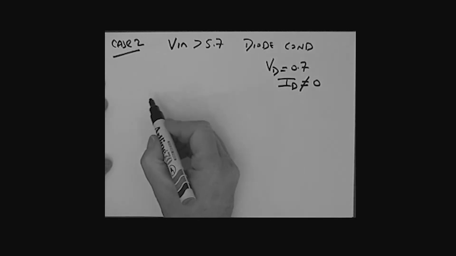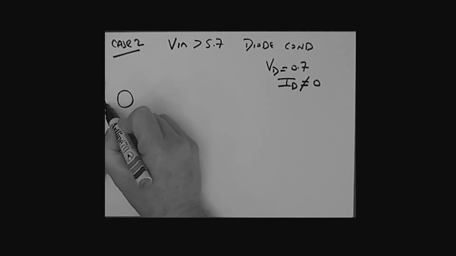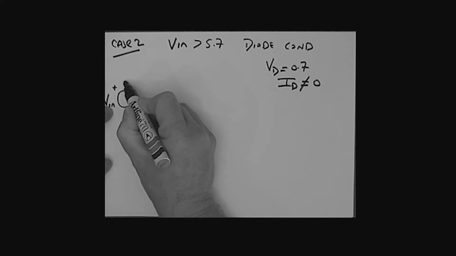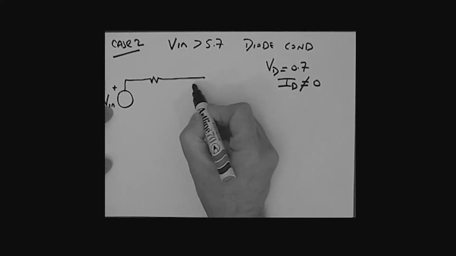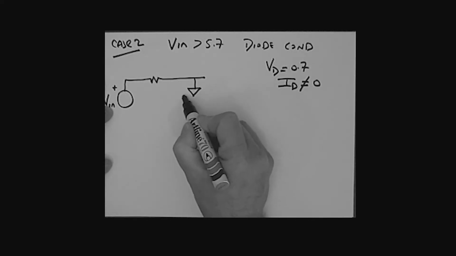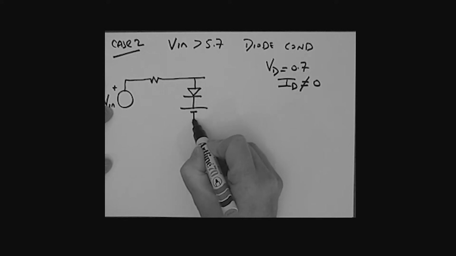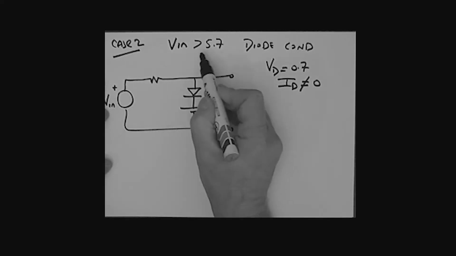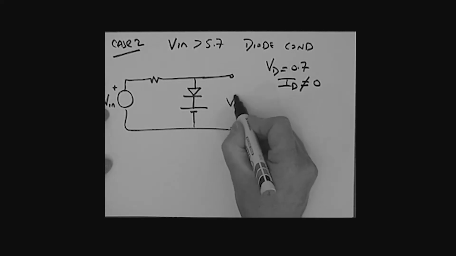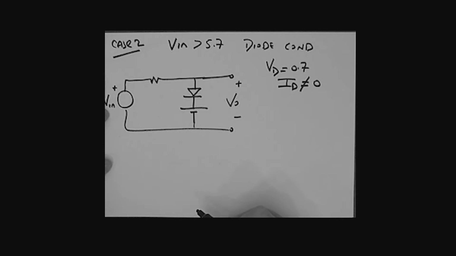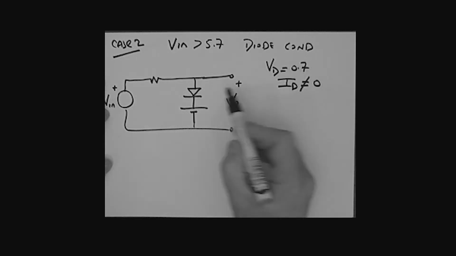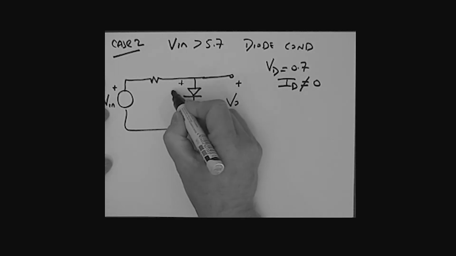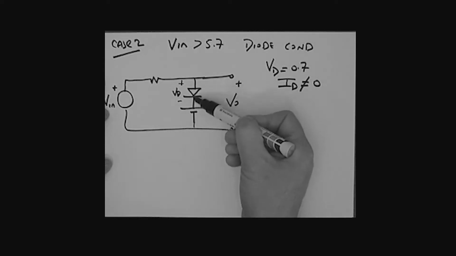Let's just redraw the circuit again. Here is our circuit. Here is V in. We've got our resistor sitting here, and then, of course, we've got our diode sitting here, and our voltage source like so. Now, we're looking at when V in is greater than 5.7, what is this output voltage going to be? Well, the diode is conducting, so across that diode I have VD, which is 0.7.